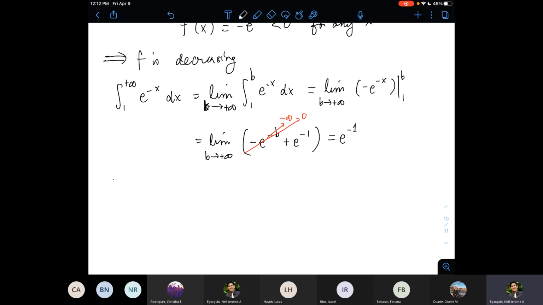So this means that the improper integral converges, and then so does the series e to the minus n going from 1 to positive infinity. So this is convergent.